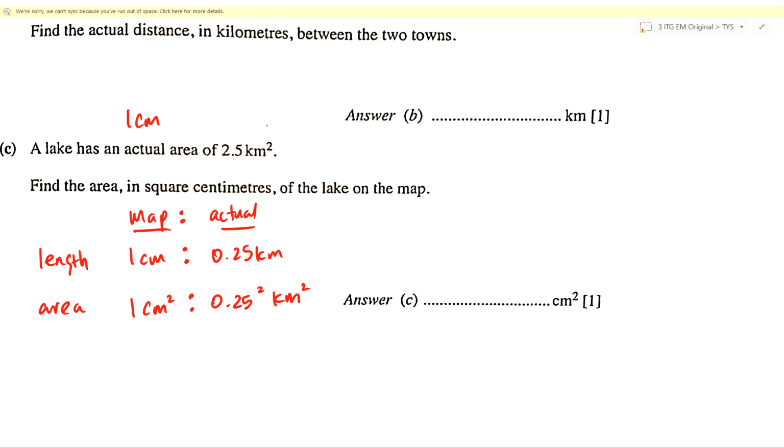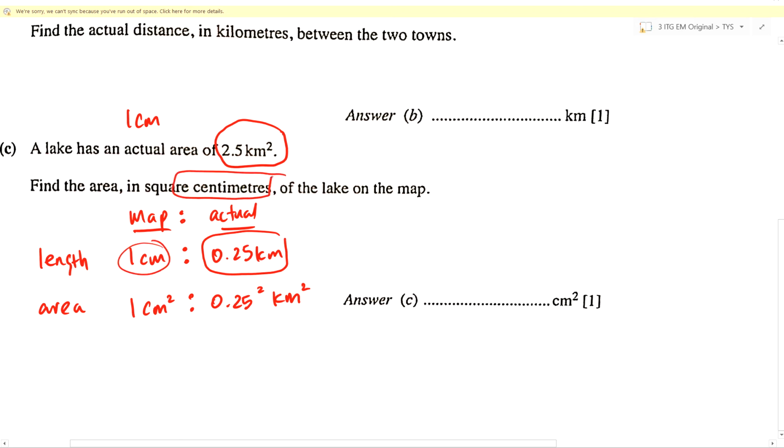Take note that the question in part C, they're talking about the area in square kilometers. That was why I chose to use the answer in part A, which was already a length in kilometers. I want to work with kilometers. And on the other side of the ratio, I've got centimeters because the question wanted it in square centimeters. So all I have to do is conveniently square everything. So I get a relationship between these two quantities, area and length.